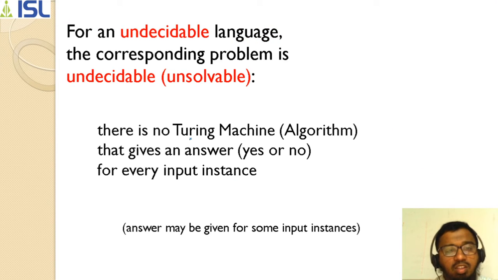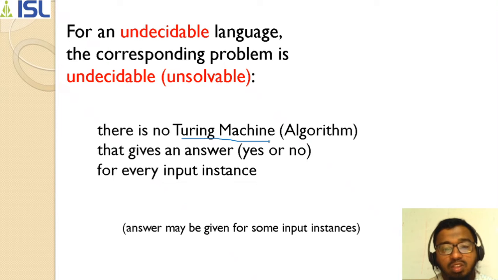For an undecidable language, the corresponding problem is unsolvable or undecidable. There is no Turing machine algorithm that gives an answer yes or no for every input instance. Like how we were getting the answer yes or no with the help of a Turing machine, and we had some decider.